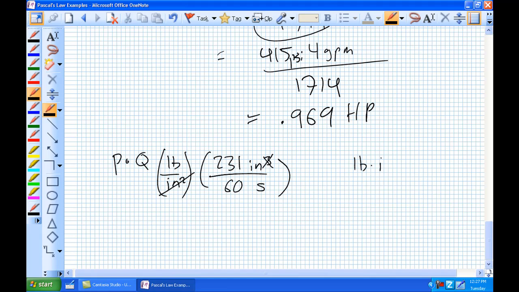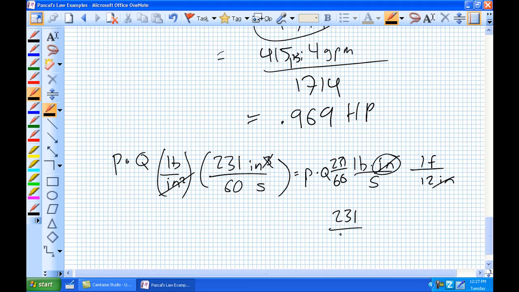So pound-inches per second is what we're left with. Again, keep our numbers for P and Q here. Power is in foot-pounds per second. We got inch-pounds. 1 foot is equal to 12 inches. So these cross out, but remember you've got to keep these numbers near: 231 divided by 60.